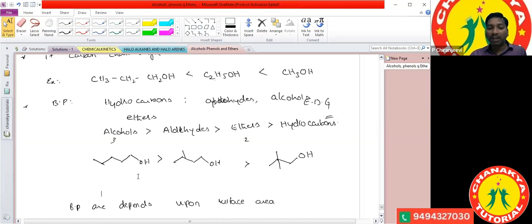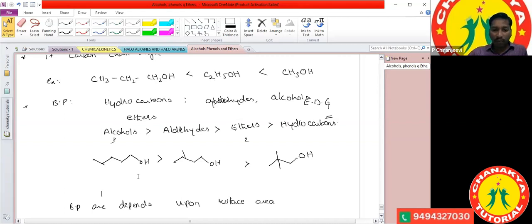So alcohols have a higher boiling point than aldehydes, aldehydes have a greater boiling point than ethers, and after that hydrocarbons. Hydrocarbons have the lowest boiling point.